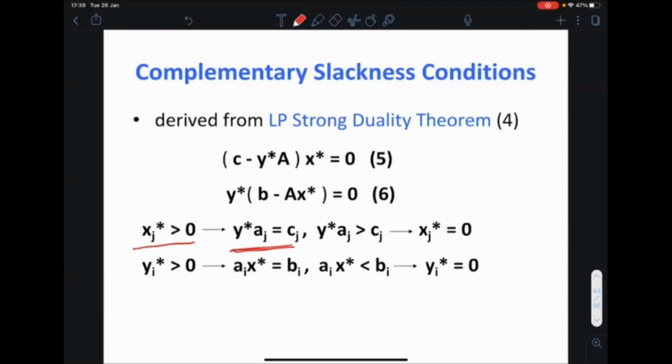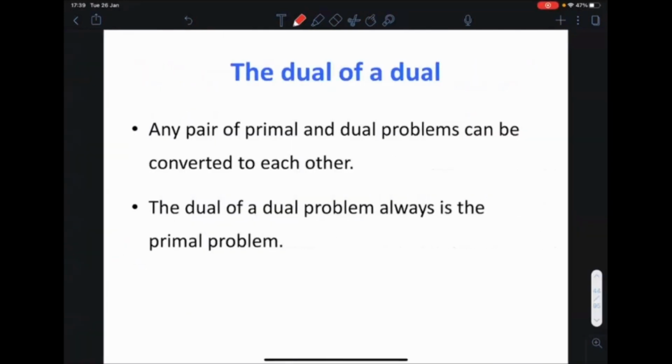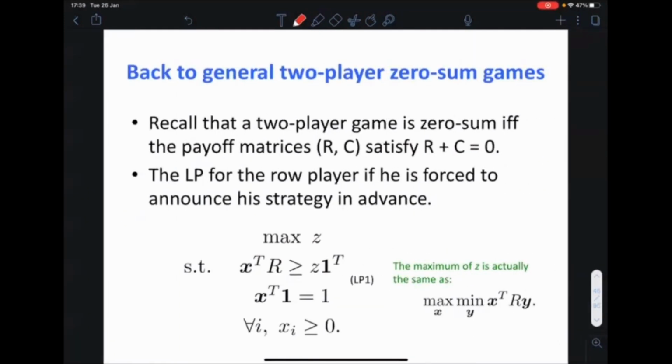This comes from the dual theorem. As I said, any pair of primal and dual problems can be converted to each other, and the dual of the dual problem is always the primal problem.